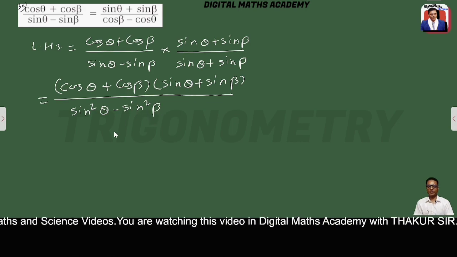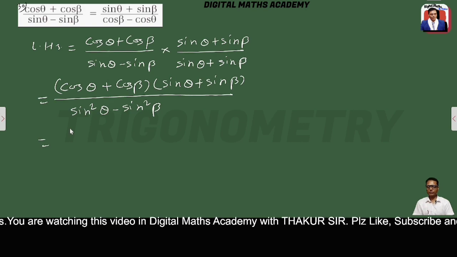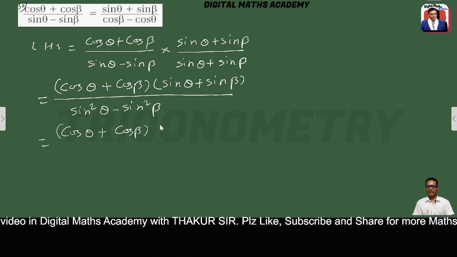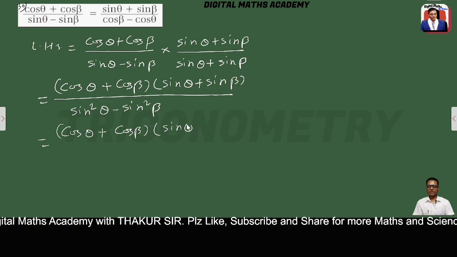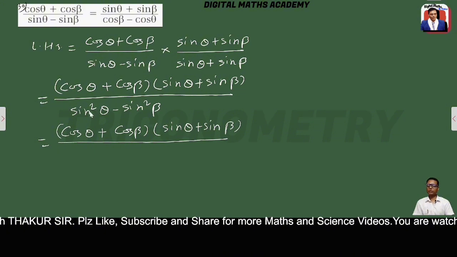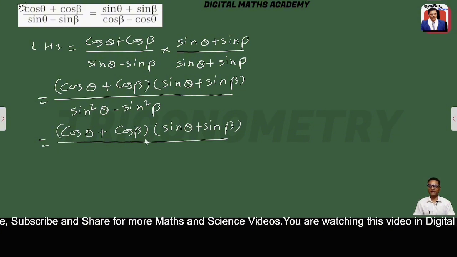Yes, (a minus b)(a plus b) equals a square minus b square. So numerator, no change, so we write cos theta plus cos beta, and another factor we have sin theta plus sin beta. Now we are going to change sin square into cos square, because we have cos only on the right hand side at the denominator.